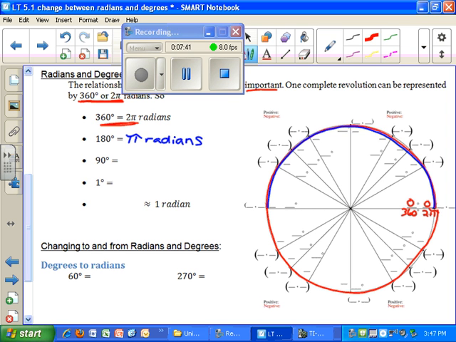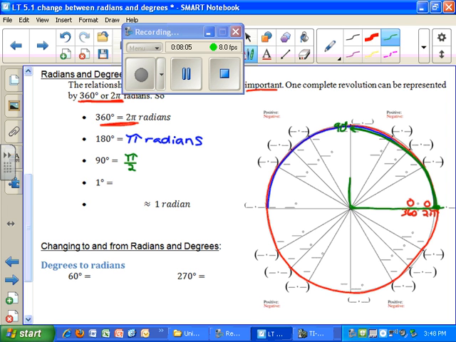Okay. And we could also take the angle of 90 degrees and say 90 degrees goes right there. And remember, I'm always starting on this initial side, this positive x-axis, and I'm always going counterclockwise. So 90 degrees would be right there. So that 90-degree angle would end up being pi over 2.